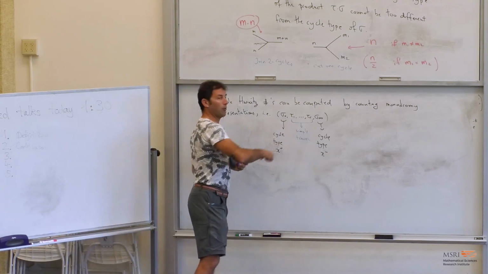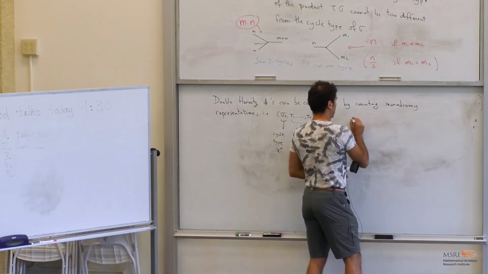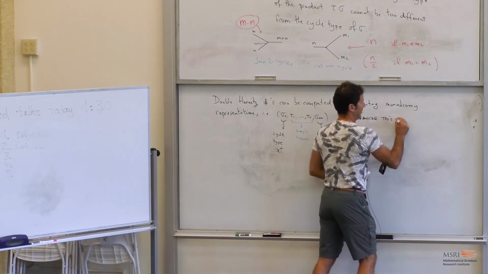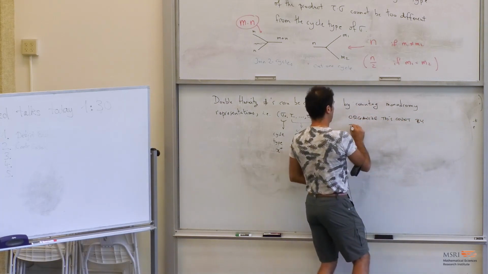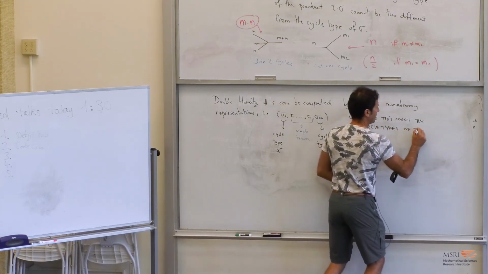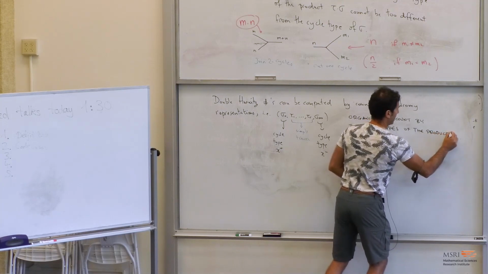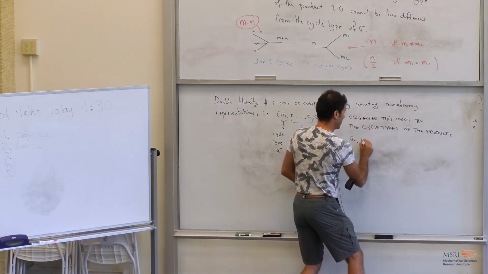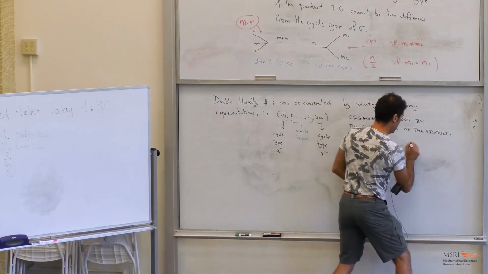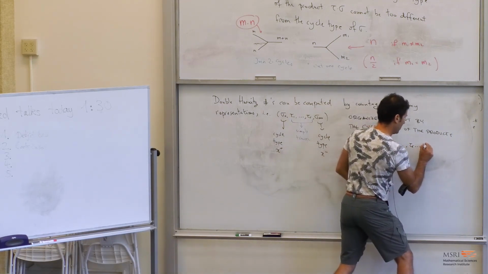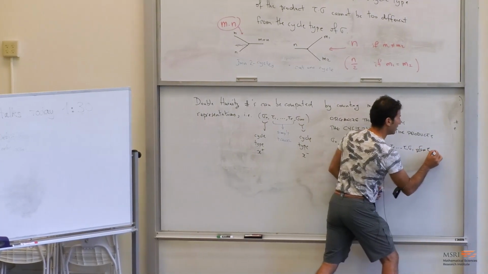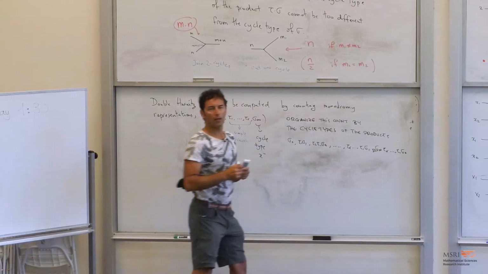For each one of these data, what I could collect is the cycle type of, so I want to organize this count by the cycle types of the products sigma 0, sigma 0 tau 1, sigma 0 tau 1 tau 2, all the way to tau r ... tau 1 sigma 0, and then sigma infinity tau r ... tau 1 sigma 0. Okay?